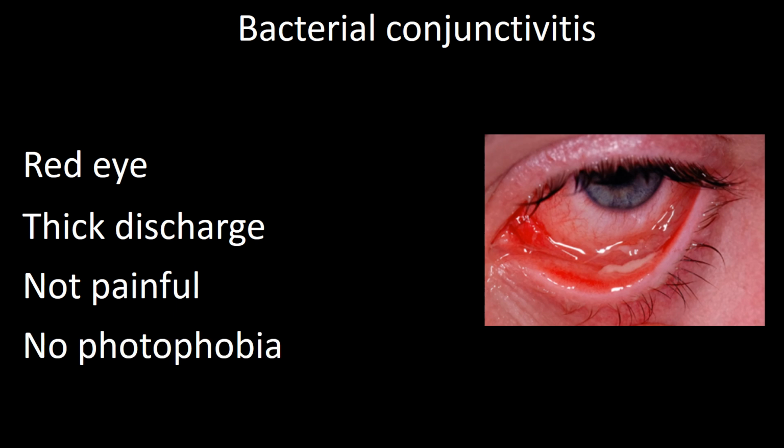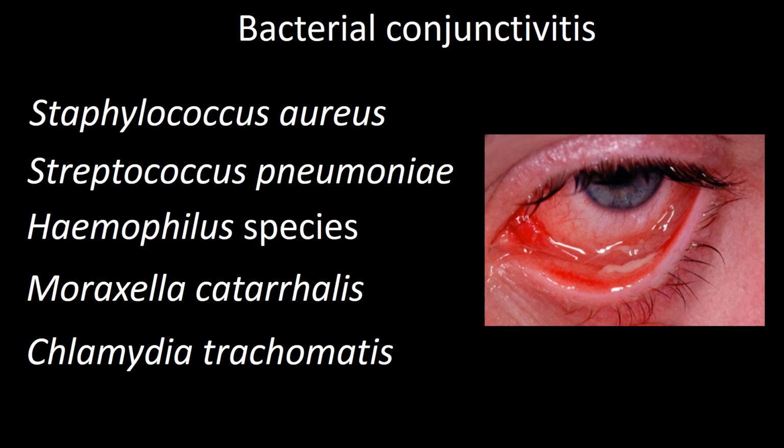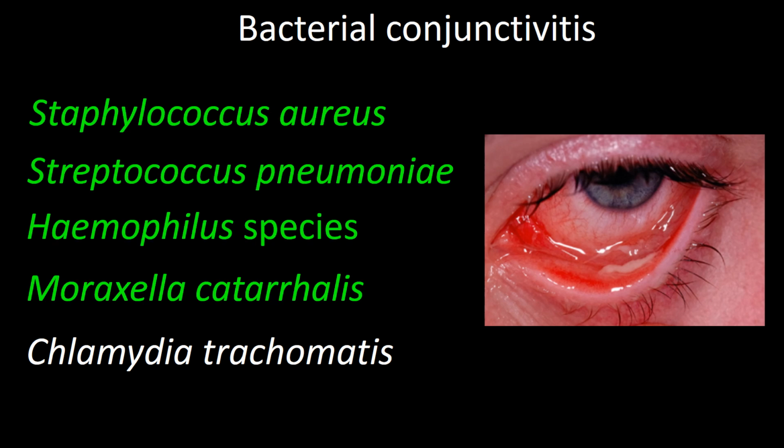Photophobia is usually absent, and vision is undisturbed. This is a partial list of agents producing bacterial conjunctivitis. In this frame, I have highlighted 4 agents. Conjunctivitis due to these agents responds well to regular topical ophthalmic antibiotics and are usually not associated with enlarged preauricular nodes.